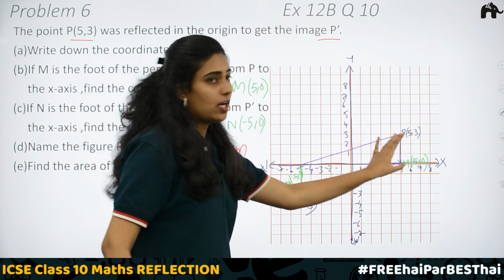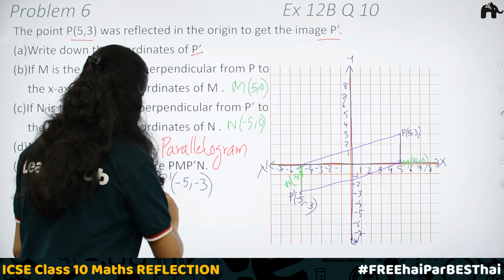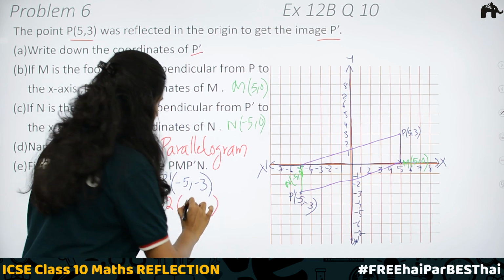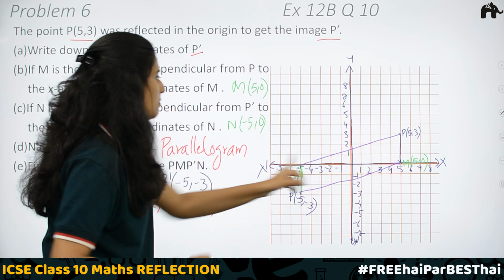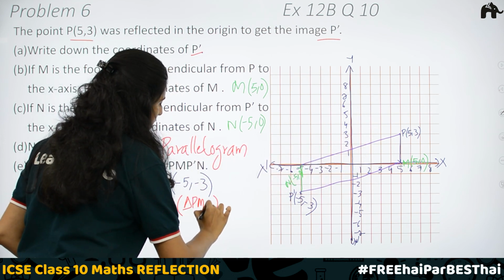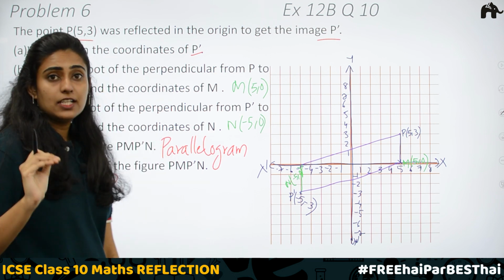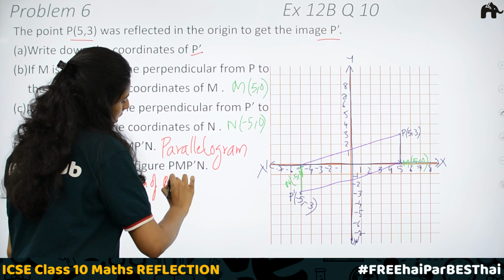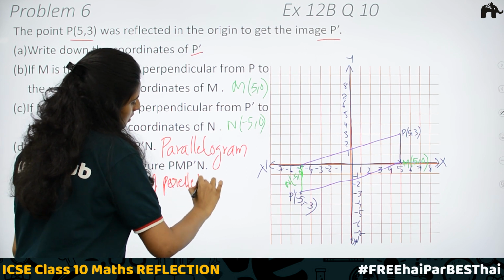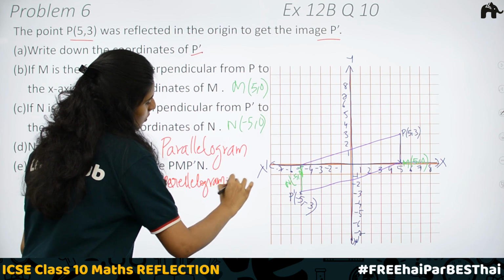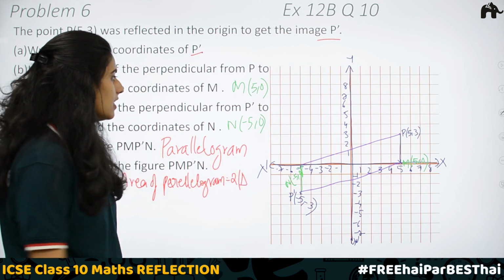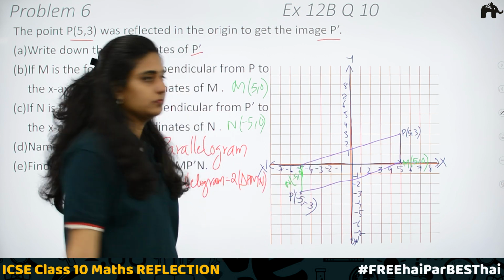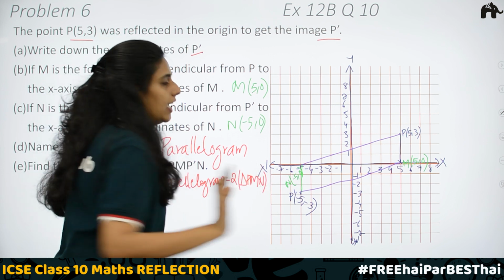Therefore, the area of this parallelogram will be 2 times the area of triangle PMN. Okay, how to find the area of a triangle?